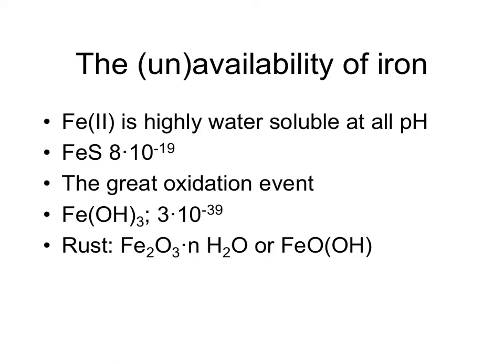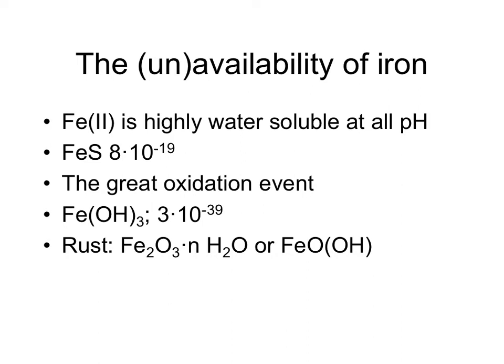And iron 3 is very unavailable. It has an extremely low availability because iron hydroxide has an extremely low Ksp. Rust and magnetite are solids. They're insoluble in water. And all of the iron in the environment basically precipitated out as the atmosphere became oxidizing.